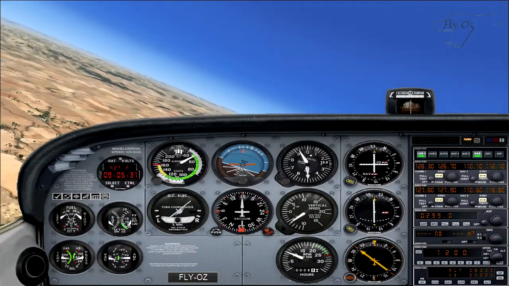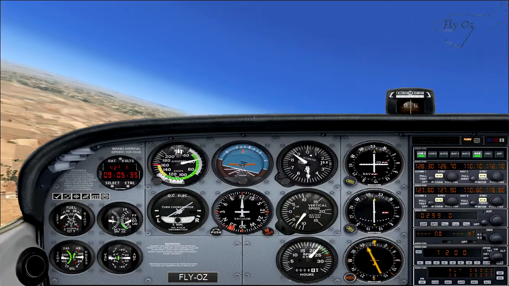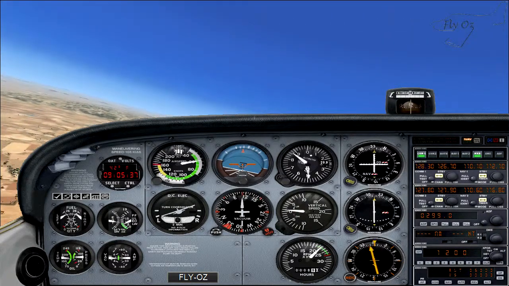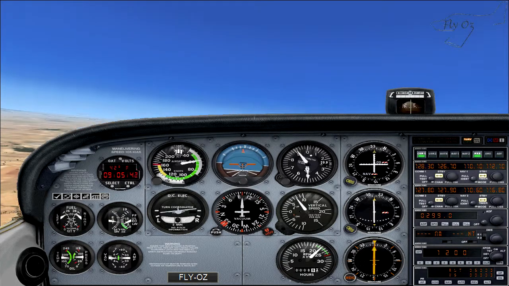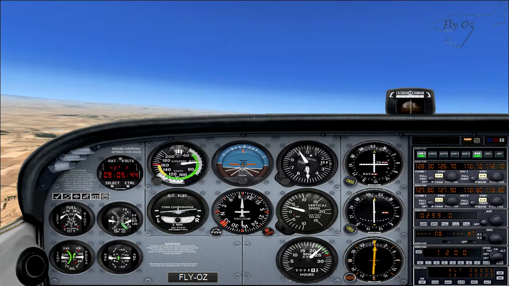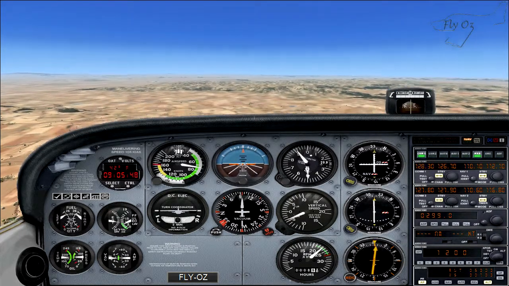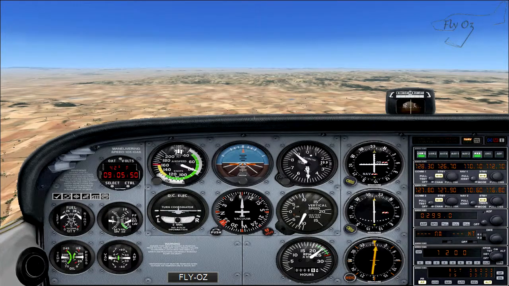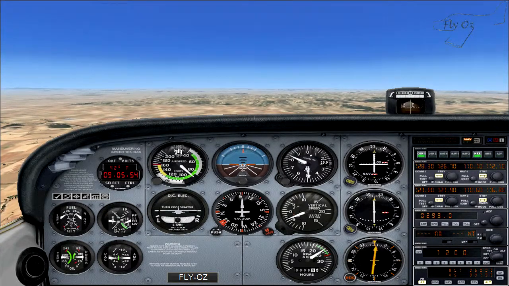There's a stall, so I'm going to recover the aircraft. So notice that stalling at 30 degrees angle of bank, the aircraft stalled at about 55 knots.